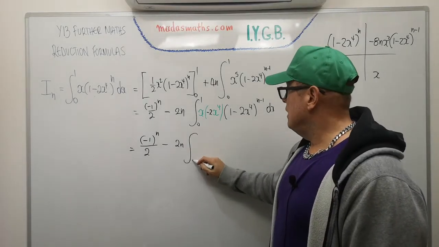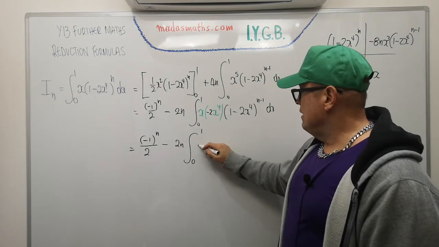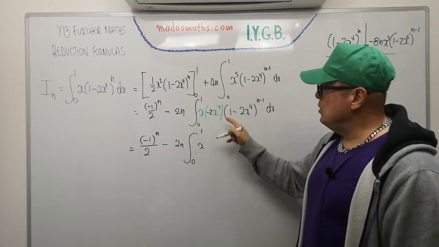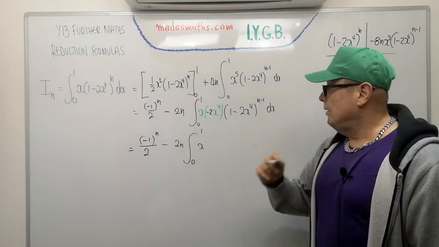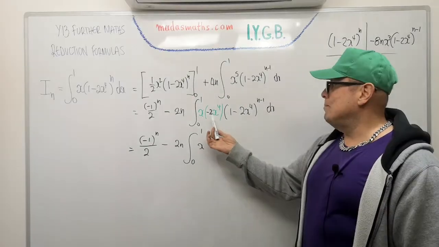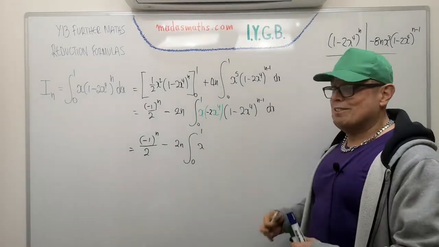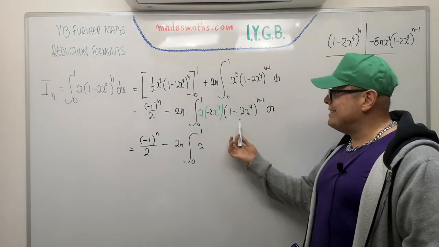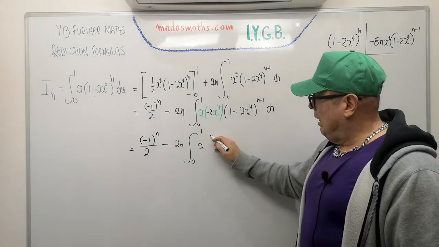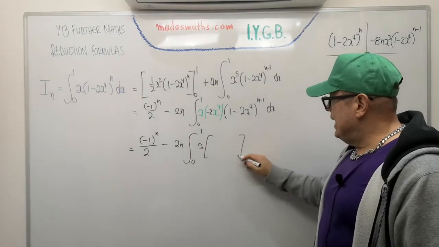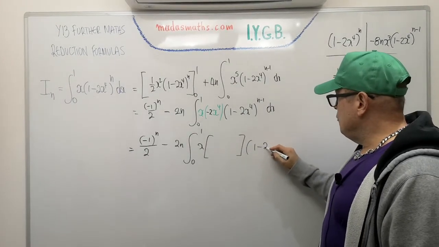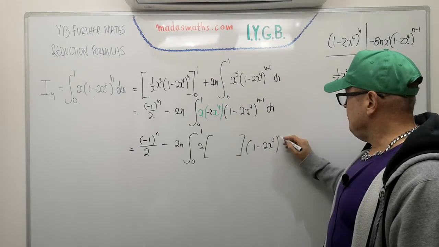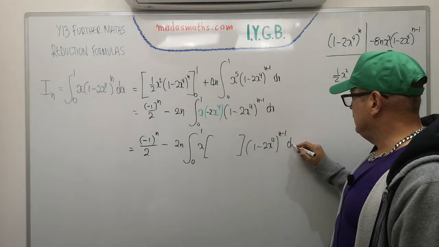So there's my 0 to 1. There's my x at the front, and now I'm looking at this particular term. Of course, no accident I put a -2 in there. It's not that I've just gone mad all of a sudden and decided to just do crazy stuff. It's because I'm trying to create this bracket. So I'm going to put an extra line here, which I'm going to fill in. So that's to the n-1 dx.